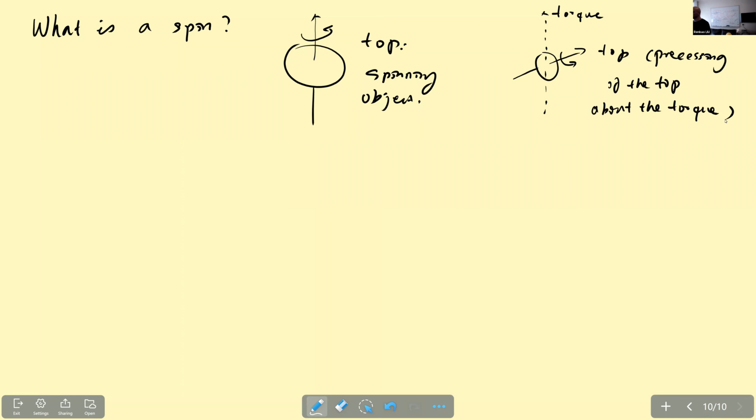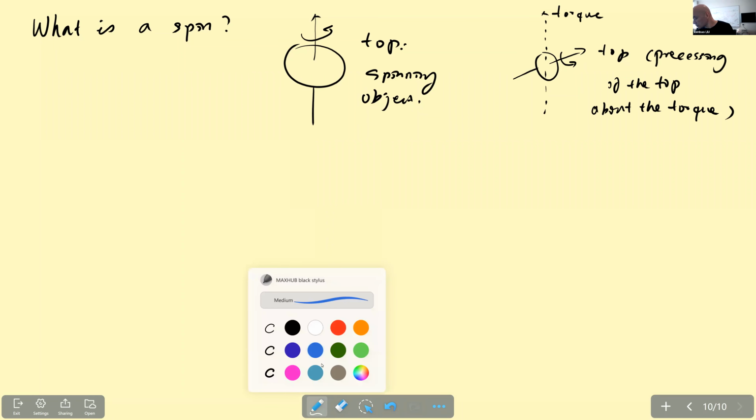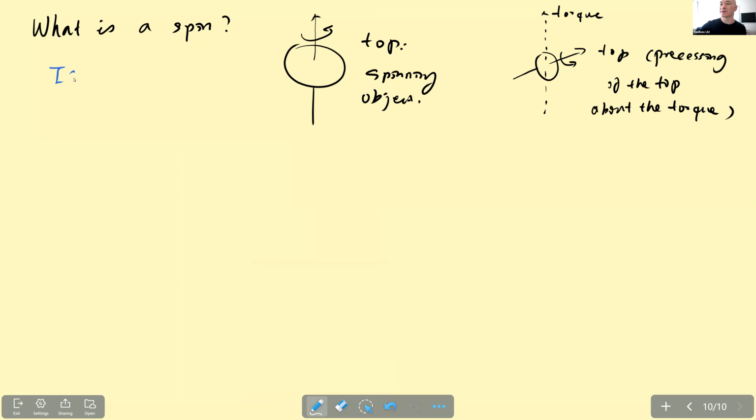This is classical mechanics. So the question is, is a spin just a spinning top? Right. First of all, it looks like it explains the precession.